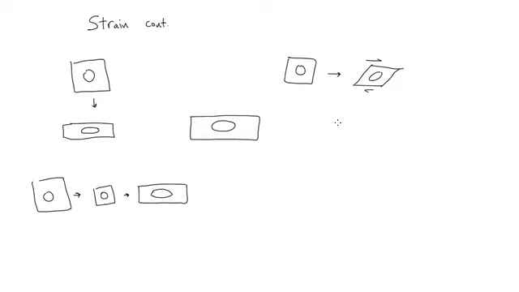Okay, so the point here is many strain paths can lead to the same final strain. This is just a general principle to keep in mind as we go forward.